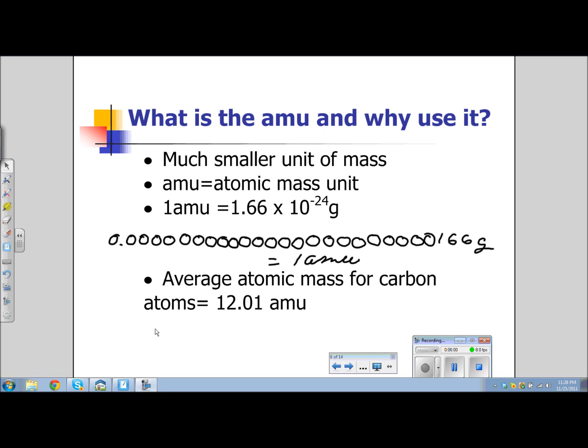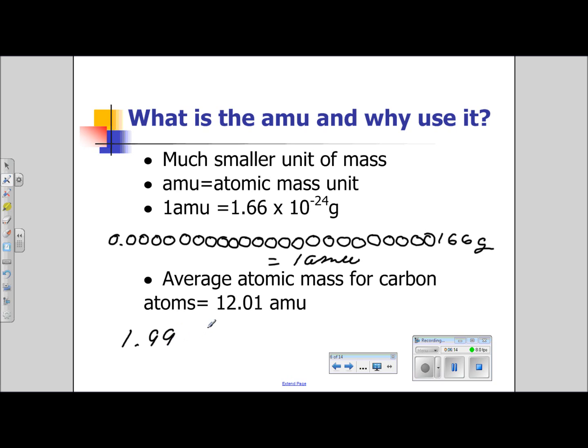So the mass then of one carbon atom could be equivalent to 1.99 times 10 to the negative 23rd grams.